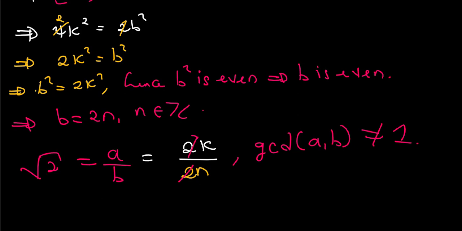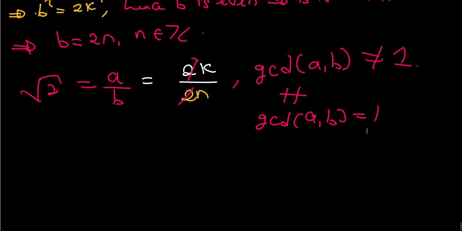We clearly see that 2 is a common factor between a and b, which is a contradiction, since we saw that the greatest common divisor of a and b should be 1. Hence, all of this is a contradiction.